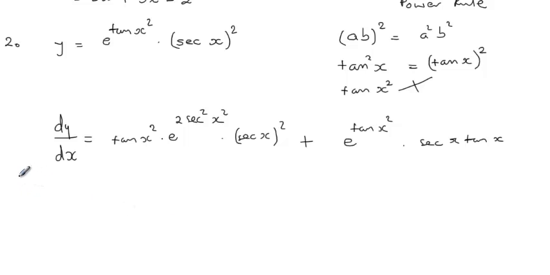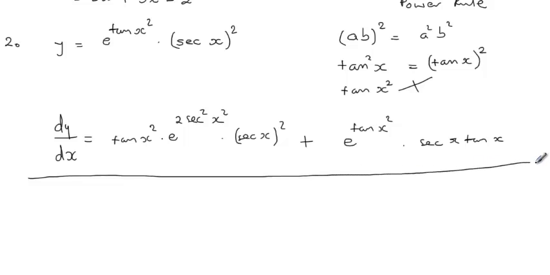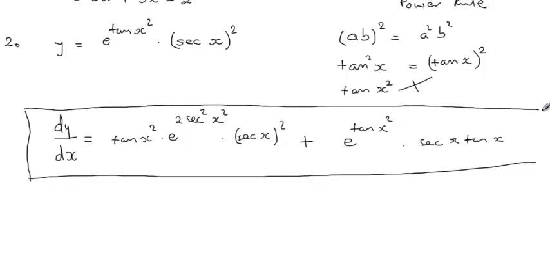Let's leave this solution as it is. I'm not saying it's wrong or right, but I want a student to show me his mistake to the fullest. That's why I'm not making a comment. Then when the student has shown me his mistake to the fullest, I'll be able to know exactly where the problem is.